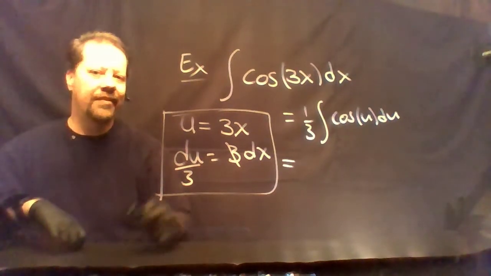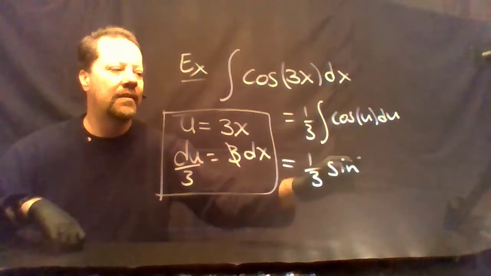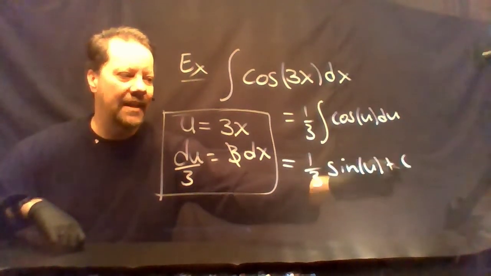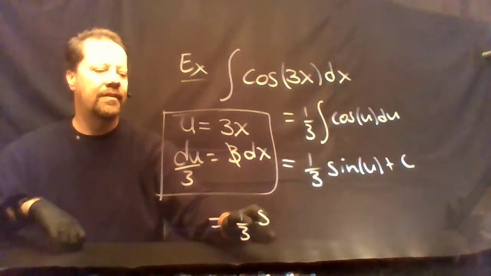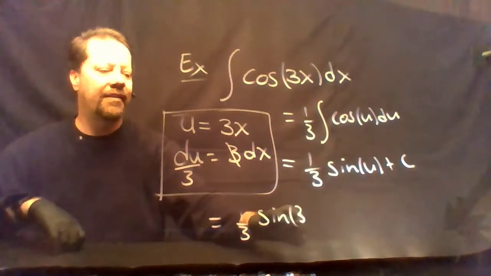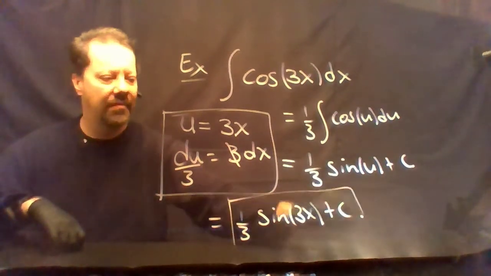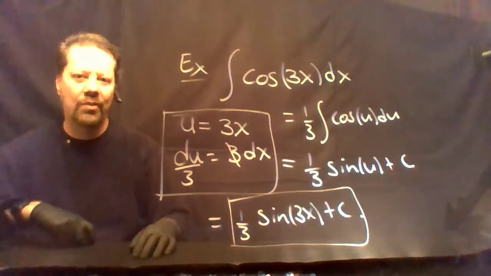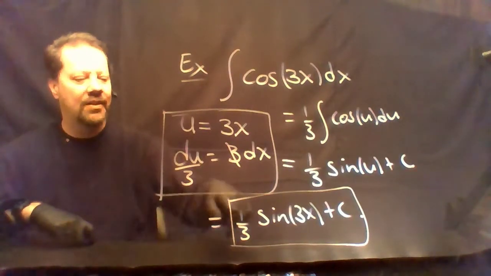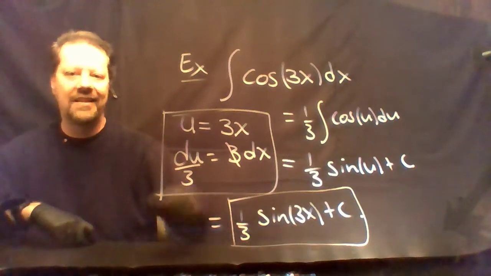The antiderivative then is clearly 1/3 sine of u plus c, or 1/3 sine of 3x plus c. Notice how, reversing the chain rule, you end up dividing by the derivative of the inside, not multiplying.